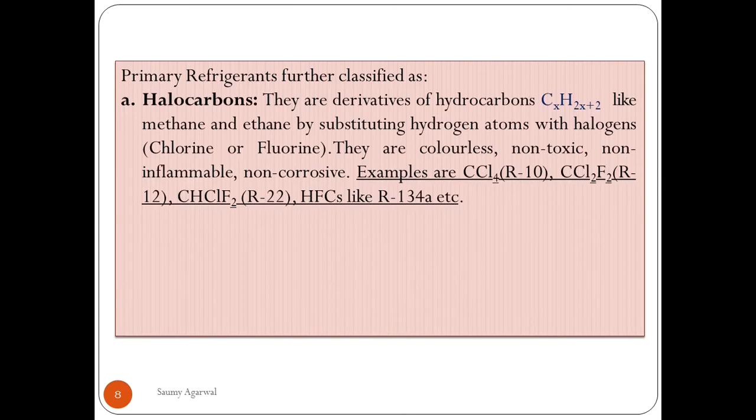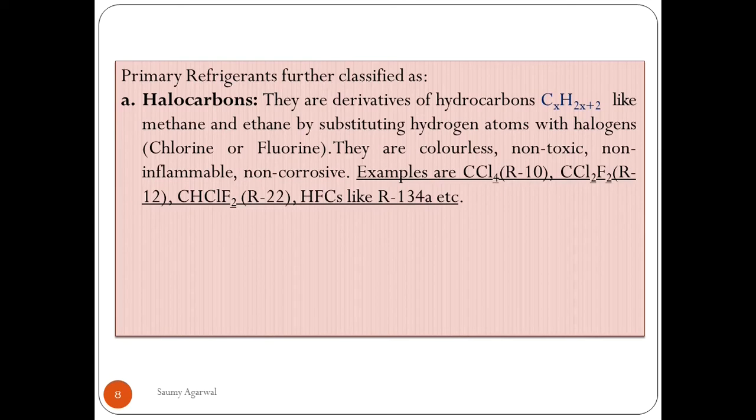Okay, and then this primary refrigerant can also be classified first as the halocarbons. Okay, so these halocarbons are nothing but the derivatives of hydrocarbons. Hydrocarbons are given as CxH2x+2. So if x is 1, it becomes methane, which is CH4, and if x is 2, then this hydrocarbon is known as ethane, which is C2H6.